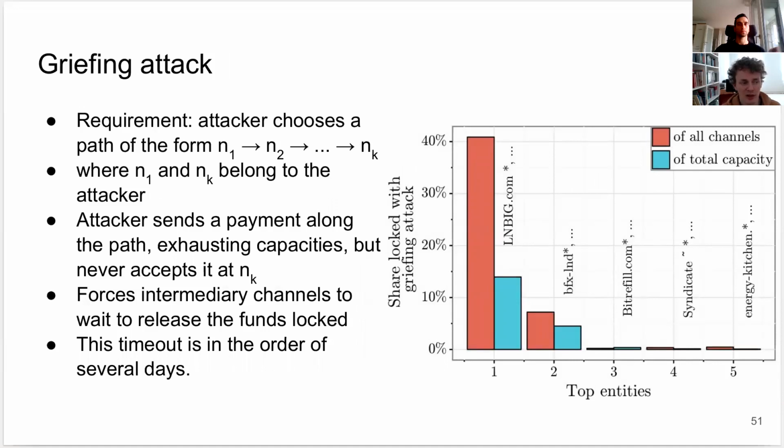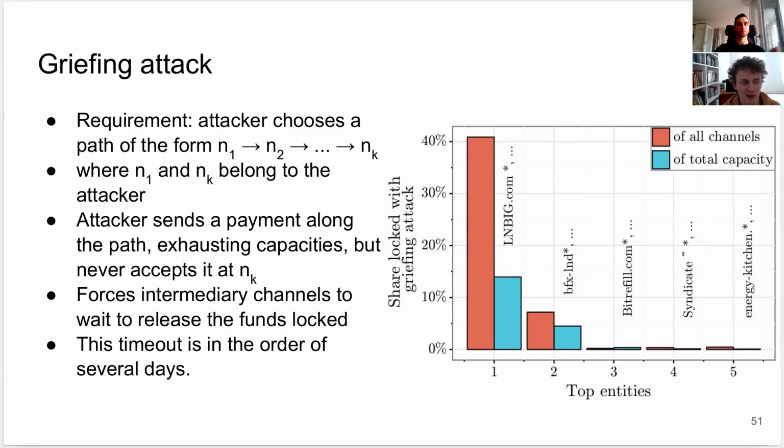One particular attack that we can look at is a griefing attack, which aims to disable parts of the network. And the way this works is that an attacker chooses a path of the following form, like shown here, where essentially the first node that is sending a transaction and the target node that is supposed to receive the transaction belong to the attacker. So essentially, the attacker is trying to send money to himself.